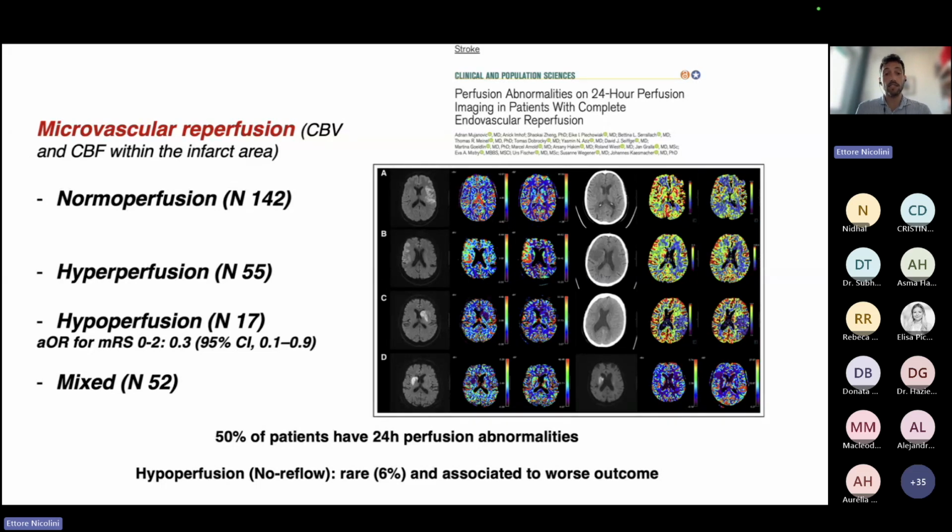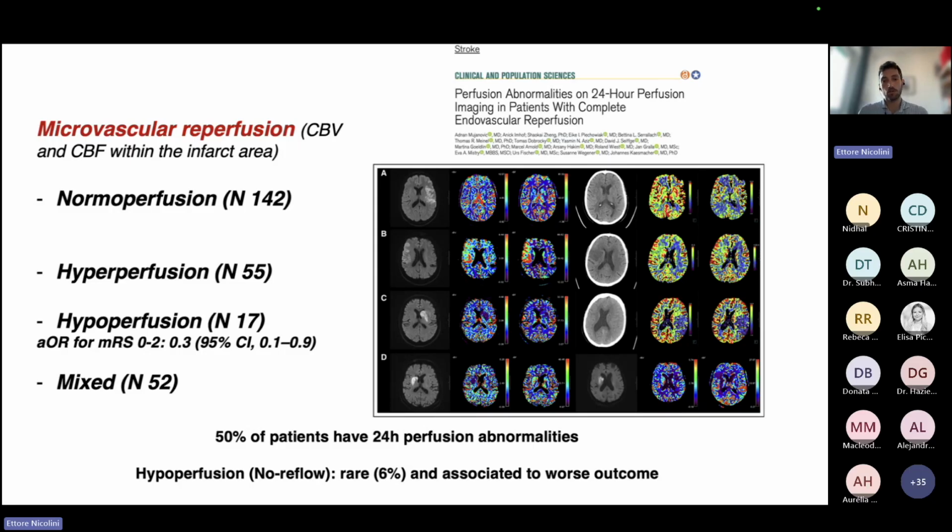The first data is that half of patients had some perfusion abnormality at 24 hours. So something is happening there, even though we have passed the recanalization time.